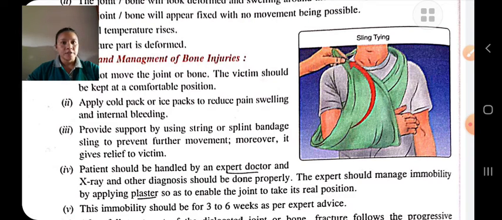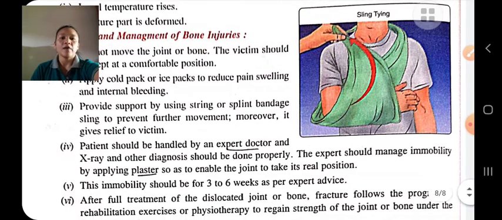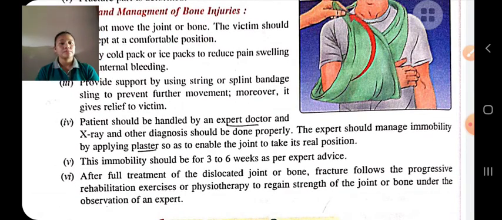The immobility should be kept for approximately 3 to 6 weeks, and after the treatment is over, do rehabilitation exercises of physiotherapy to regain the strength of the joint or bone. We do the physiotherapy rehabilitation progressively under the observation of an expert, and with its help we regain the strength of the joint or bones.